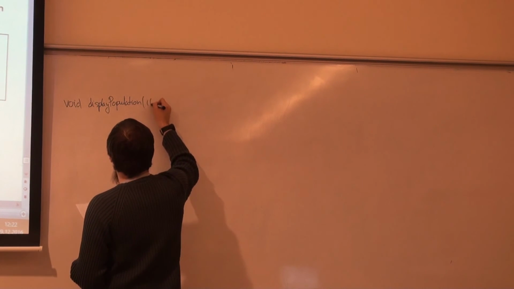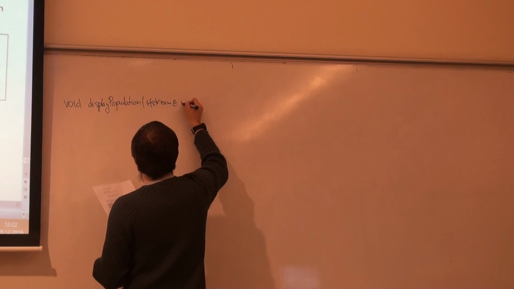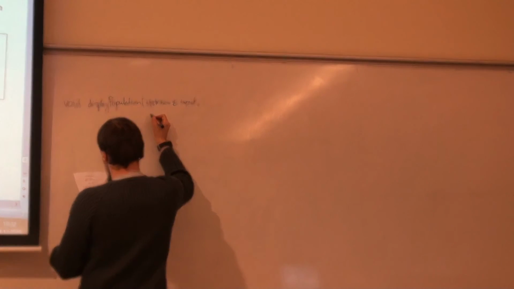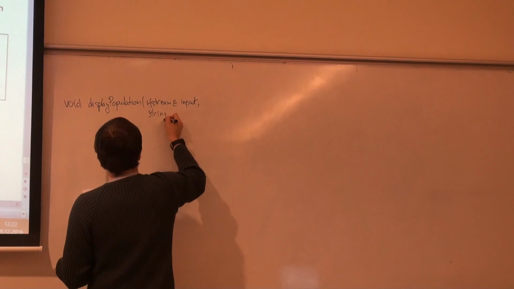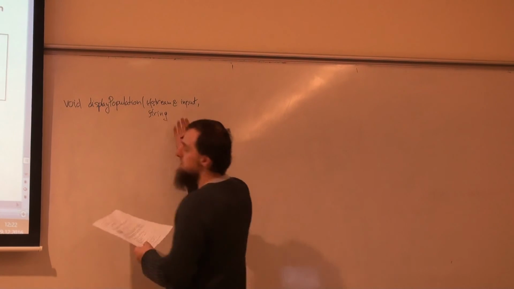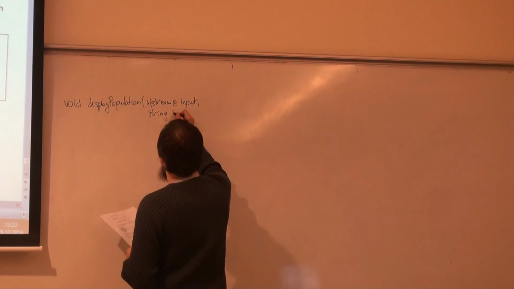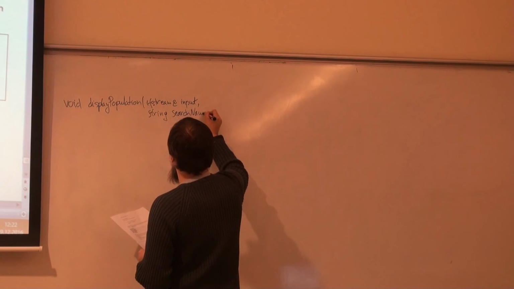One of them is an ifstream, a reference to an ifstream. I'm going to call it input. This is the input file. And it takes also a string, which is going to be called search name. Basically, this is the city we are looking for.